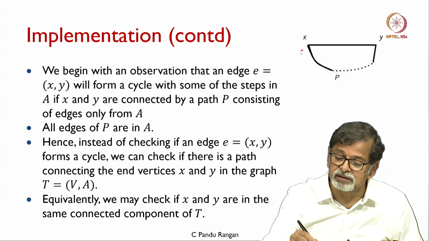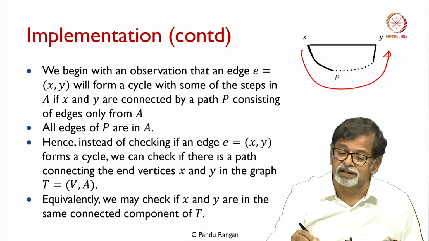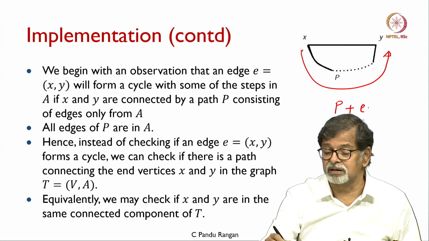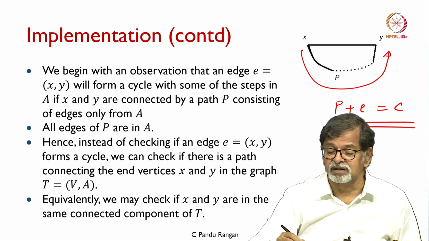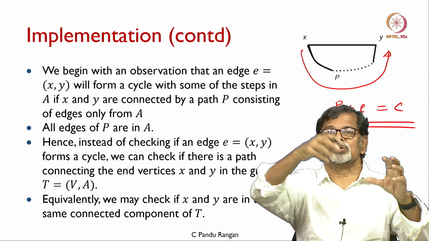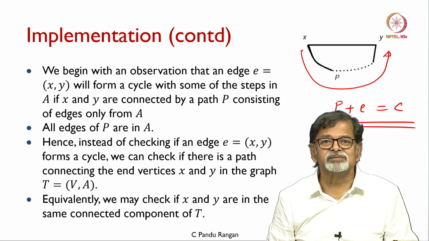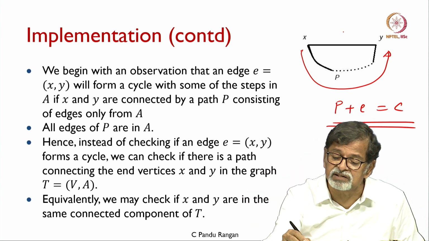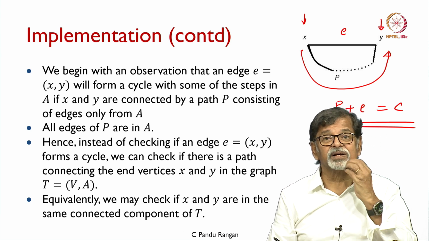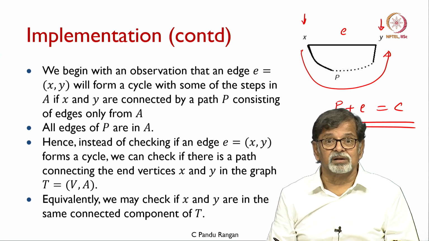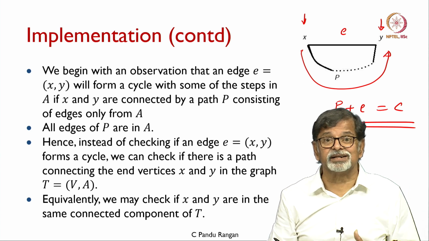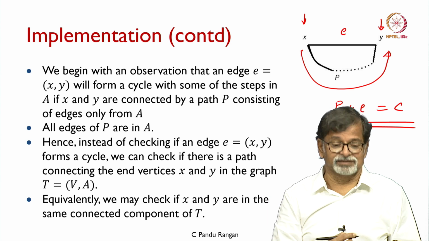There must be a path, and adding this edge, path plus edge, will be that cycle. This edge is giving end to end connection and there is a path, together it forms a cycle. Therefore, if e is the edge with the end points x and y, the question is, do we have a path with the edges that we have already collected connecting x and y?